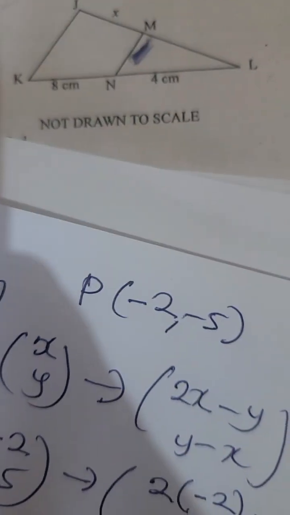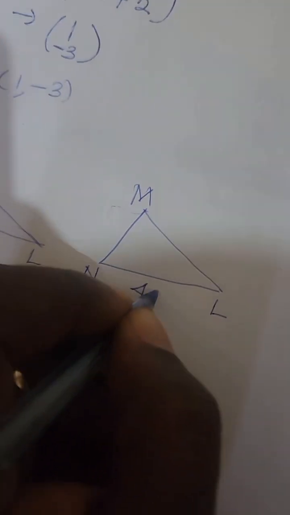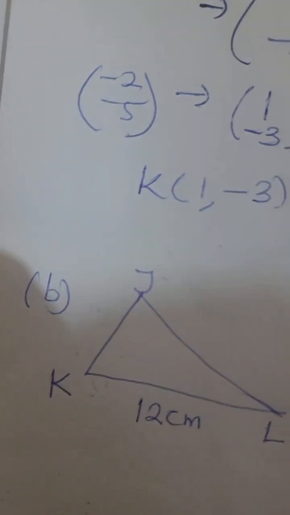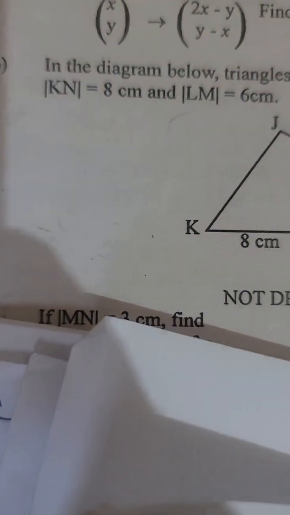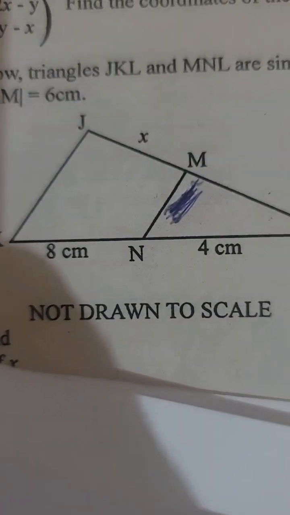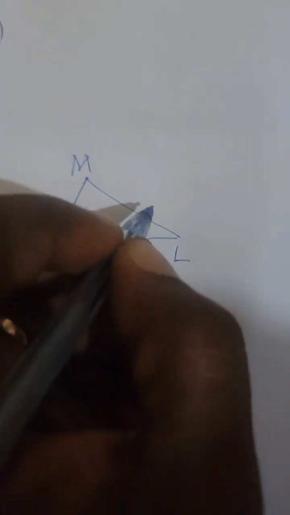That's for KL. Now NL is 4 centimeters. And what again do we have in the question? NL is 4, KN is 8, and LM is also 6 centimeters.